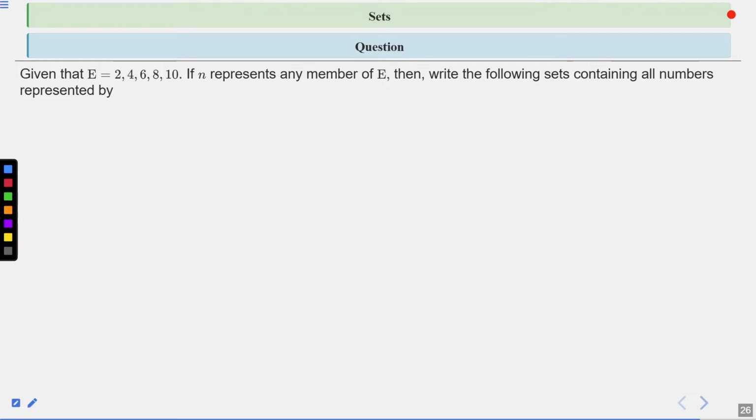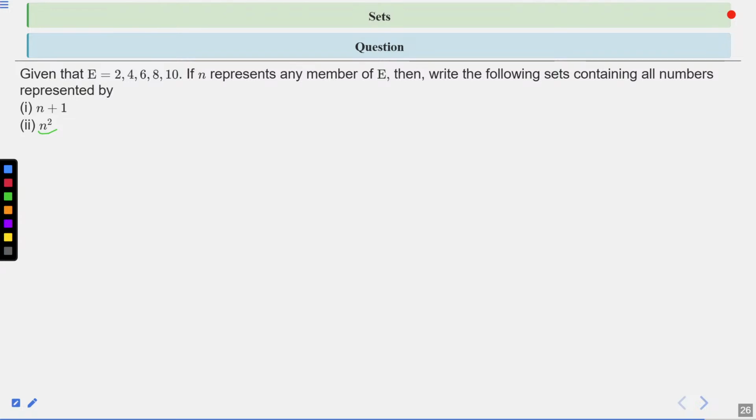Now this question: E is a set with 5 elements 2, 4, 6, 8, 10. If N represents any member of E, then write the following sets containing all members represented by, first, N plus 1, and second, N square. Let me first clear this question.